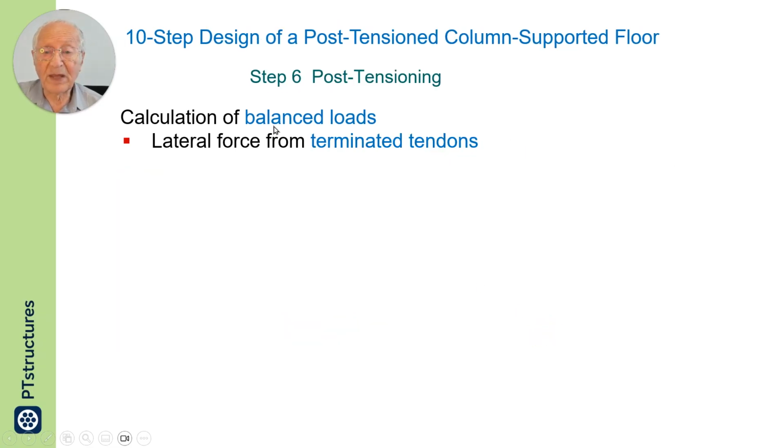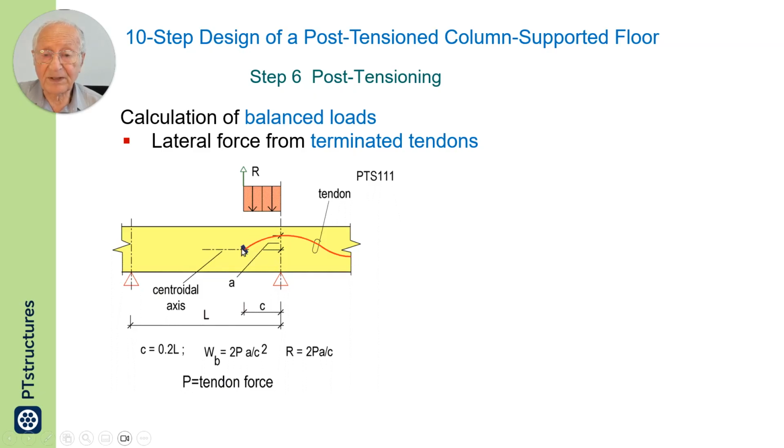Now we go to balanced load of terminated tendons. In span number 2, we have 3 tendons coming from span number 3, terminating in span number 2.